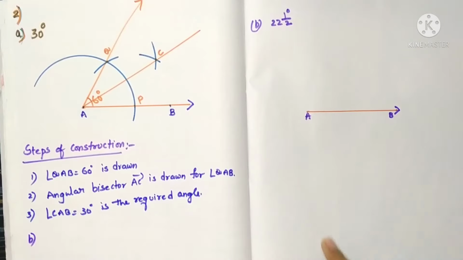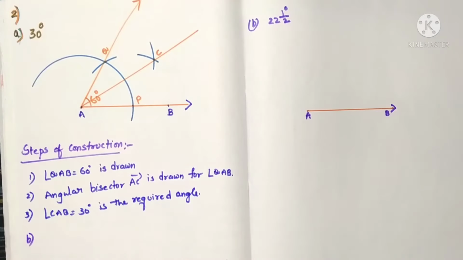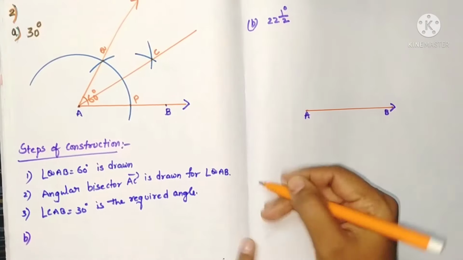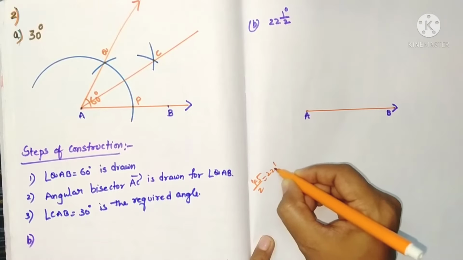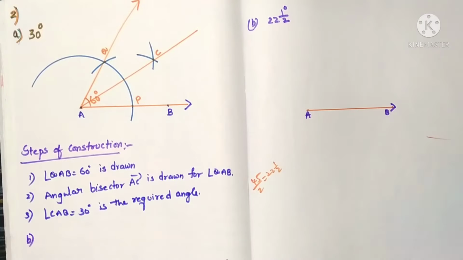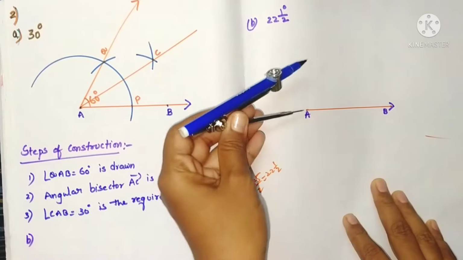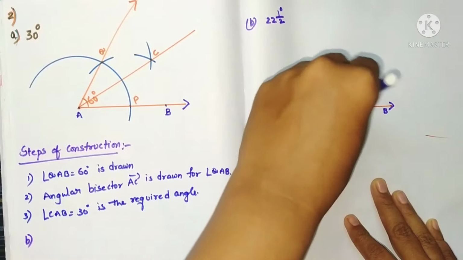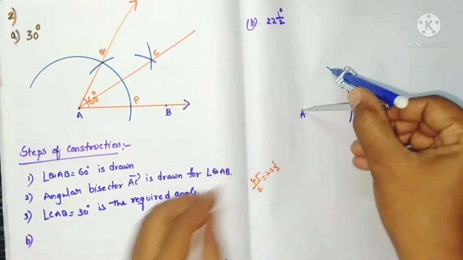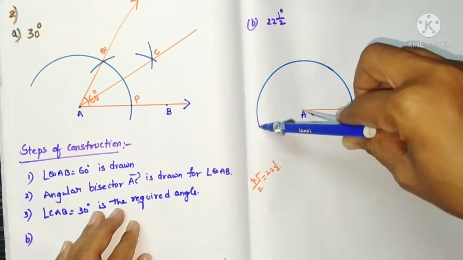Next question, 22 and half. So 22 and half is the half of 45 degrees. Right, 45 by 2 only. So first of all we have to construct 45 degrees. So before constructing 45, we have to construct 90. So with some radius, draw an arc or draw a semicircle.